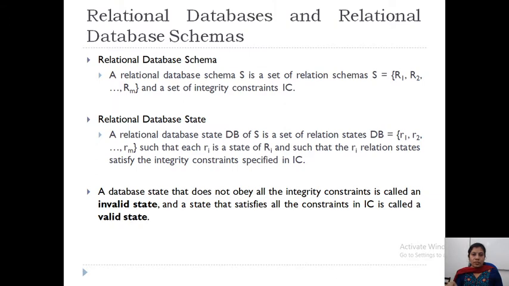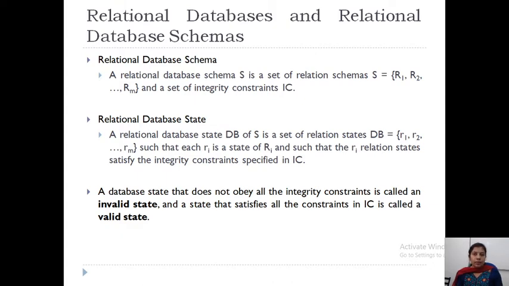I'll represent it with small r1, the current state of that relational schema. So I will take the relation state of each and every schema present in the database, and those states must satisfy the integrity constraints. That is called a relational database state.